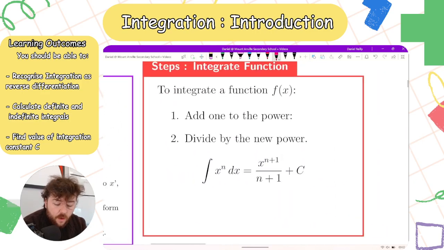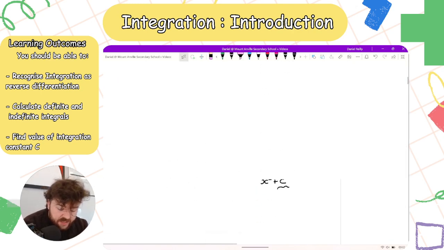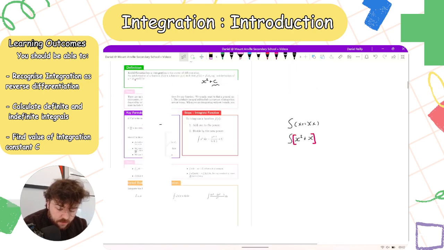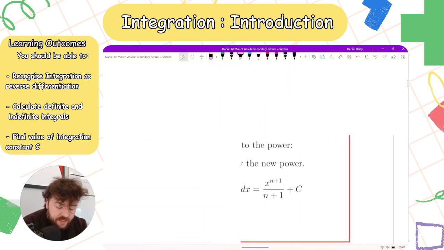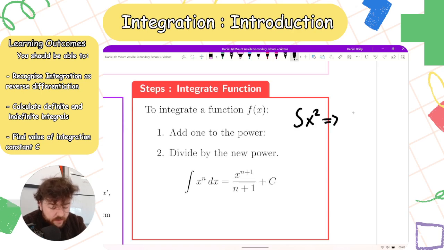So what are the steps for integrating a function? You add 1 to the power, and then you divide by that new power. So the integral of x squared will become x to the power of 3, all over 3, divided by the new power.